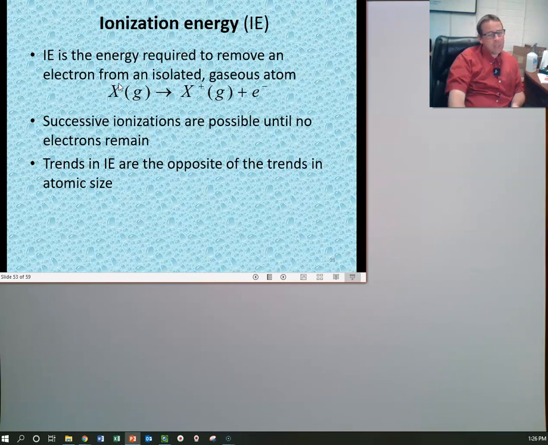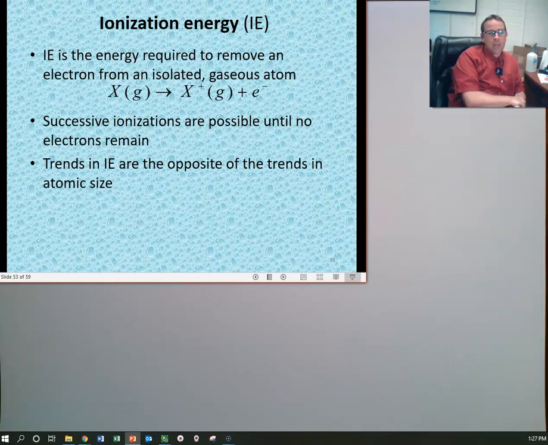I think we're at the top again. Emily, what do you think? Is it going to require energy to remove an electron from an atom, or is it going to release energy when an electron is removed from an atom? What do you think? Would it require energy? Okay, that's right.